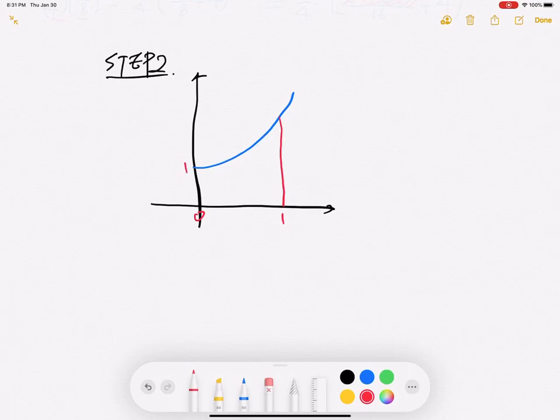This is 1. I made 4 sub-intervals to make 4 rectangles, okay? But this time, I'll try to find n rectangles. How many rectangles? n rectangles. That area possible in terms of n. What is n? I don't know. Yeah, n maybe 10, maybe 100.